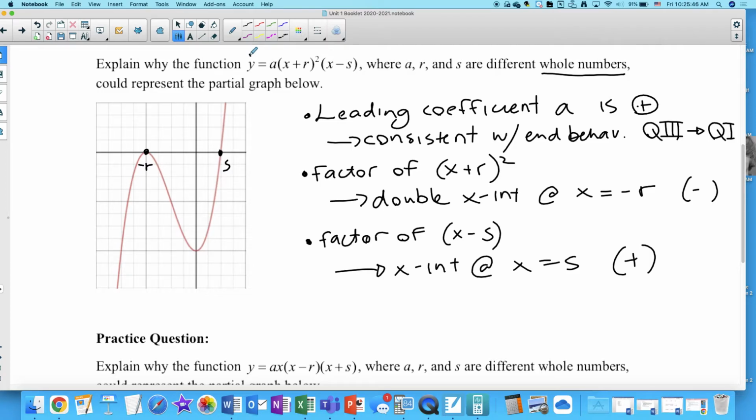So in this case, we're assuming that x plus r equals 0. So you have to think, what value of x would make that 0? It would have to be negative r. Negative r plus r equals 0. Yeah? Okay. So I want you guys to try this one. And then we'll see how we do, and then we'll go on from there.